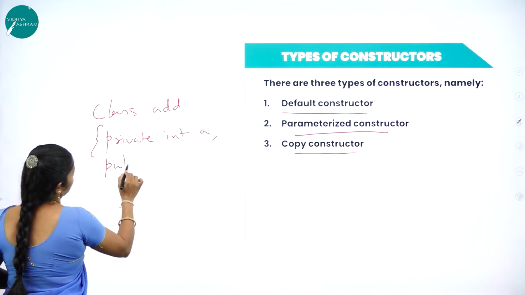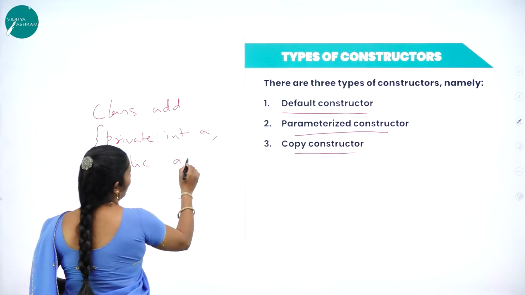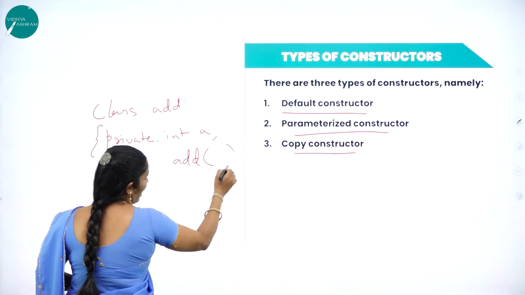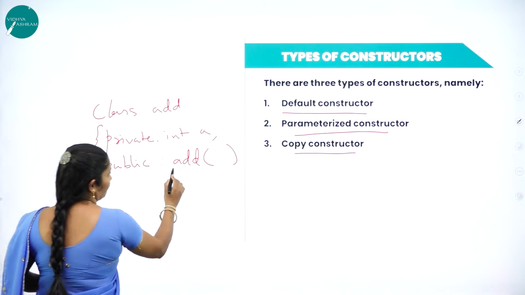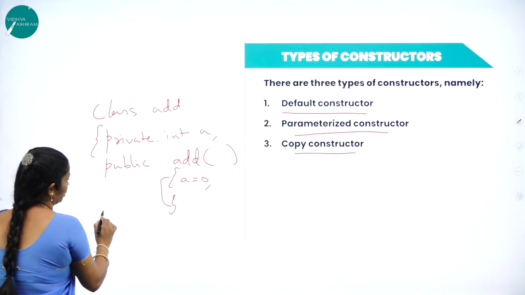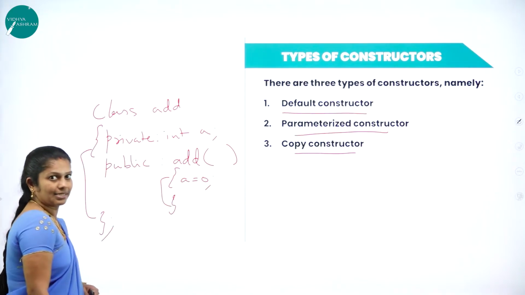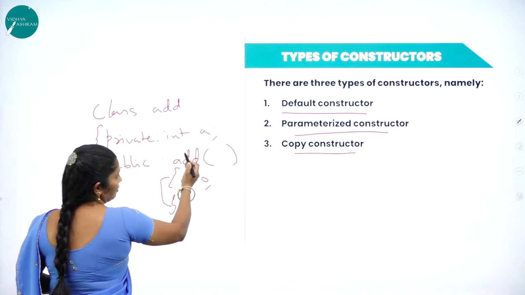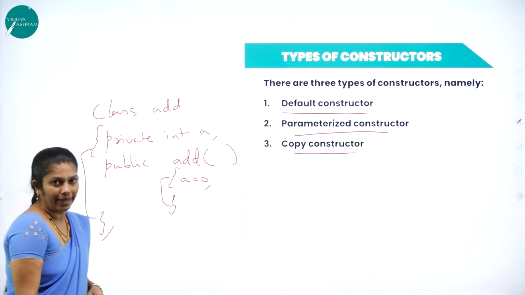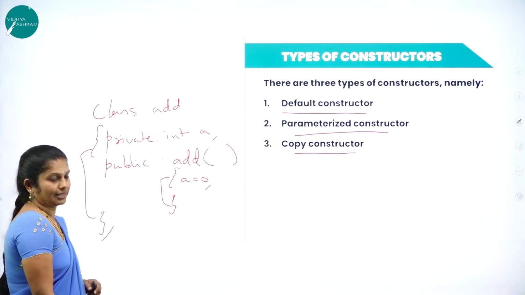Then in public section, we are creating one function, add only. Here, if you have empty bracket, for example, a equals 0, I am initializing, then we are closing function, then we are closing class. If you have empty brackets, empty parenthesis, after function name, then it can be called as default constructor.